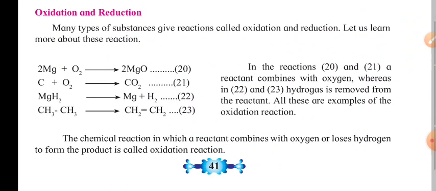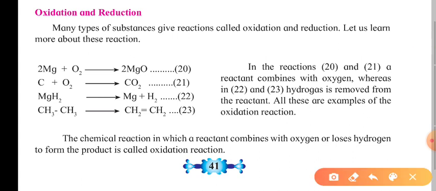Now, another type of chemical reaction we have to study is oxidation and reduction, a very important type of chemical reaction. Oxidation is nothing but the addition of oxygen or the removal of hydrogen.